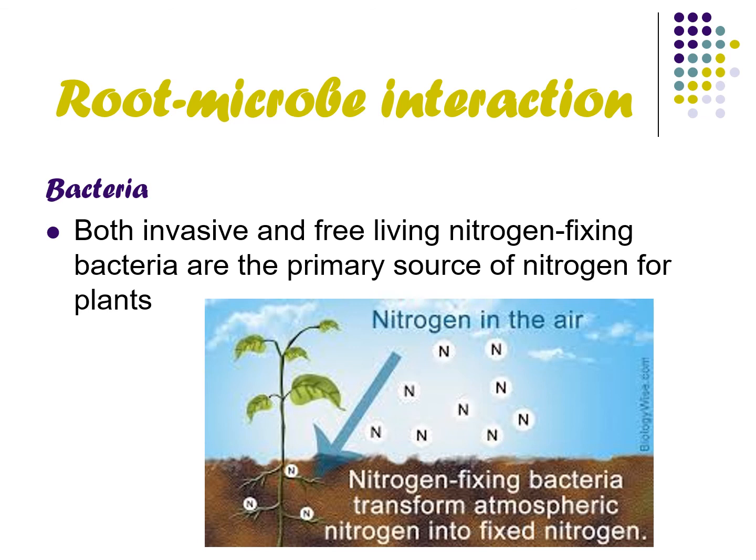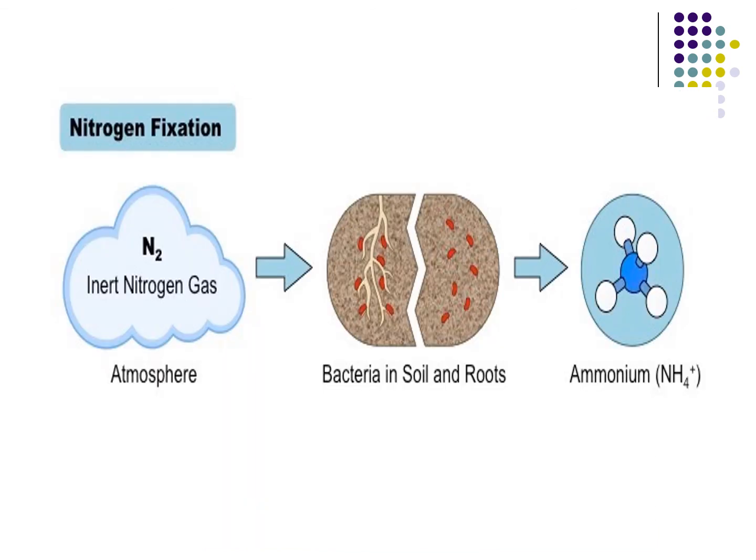Both symbiotic and free-living nitrogen-fixing bacteria are the primary source of nitrogen for plants. The bulk of nitrogen fixed on a global scale is accounted for by the reduction of dinitrogen to ammonia by living organisms, among them the bacteria.